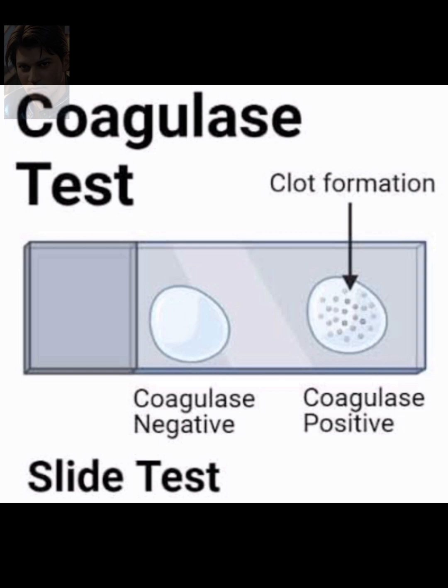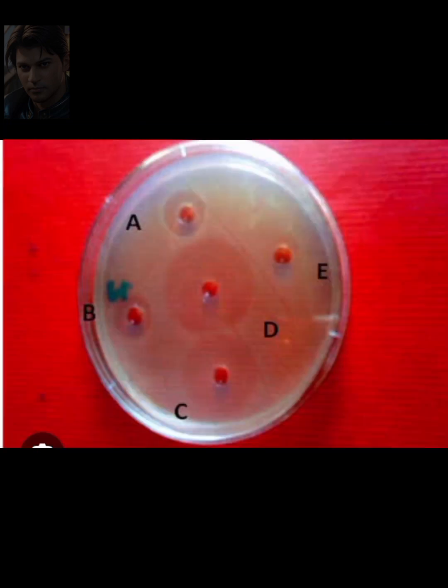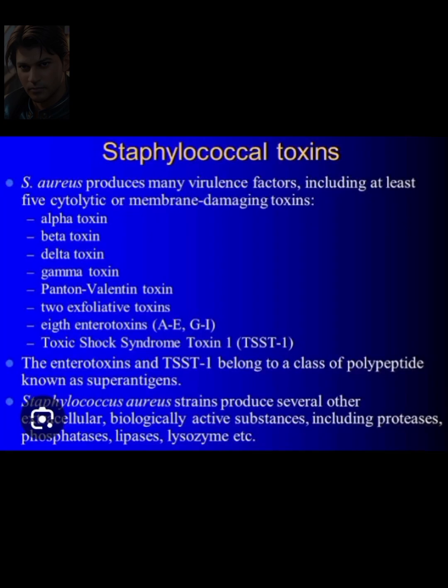These are the two basic enzymes. The coagulase test can be performed in tubes and on slides. Other enzymes produced by Staphylococcus include hyaluronidase, streptokinase, beta-lactamase, proteinases, and lipases.